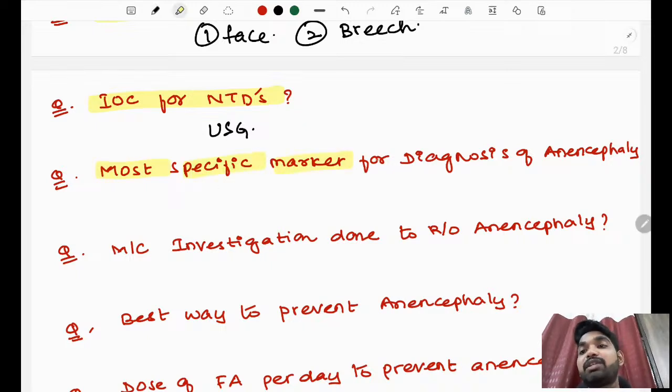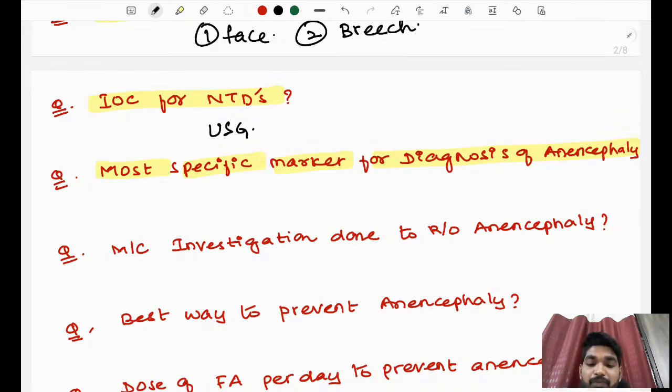Next, the most specific marker for the diagnosis of anencephaly. Tell me, what is the most specific marker? Yes, Priyadarshini, Navyasri, you are right.